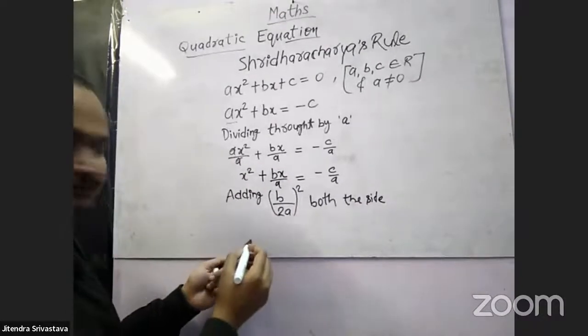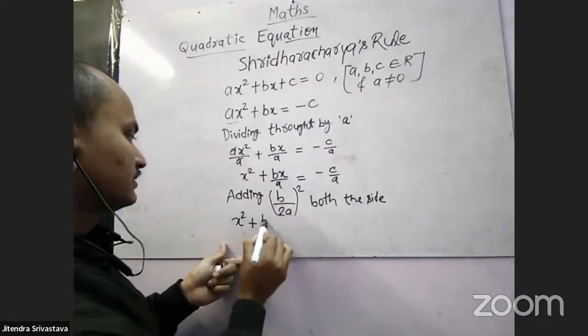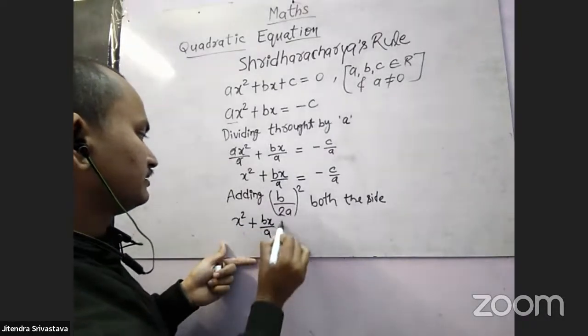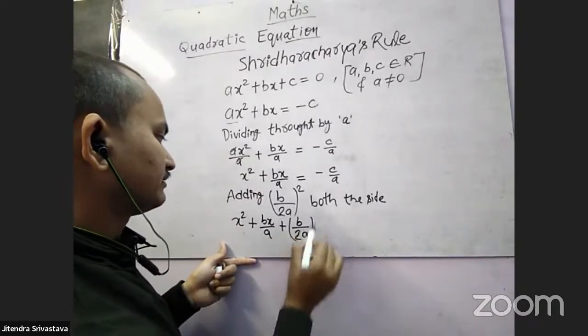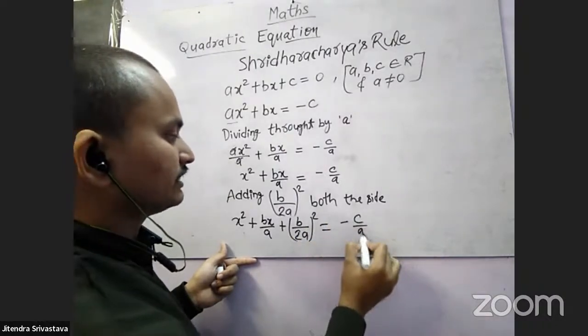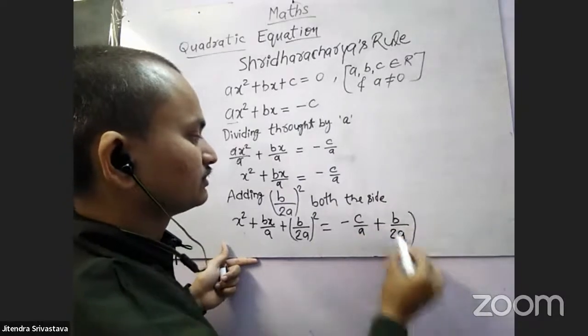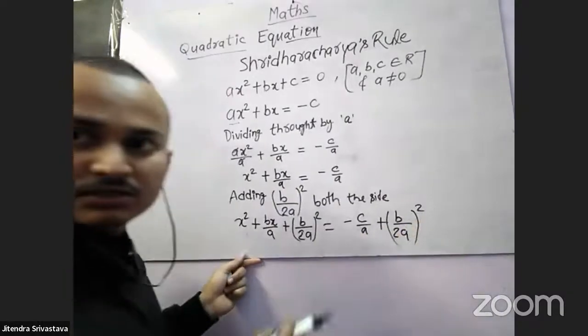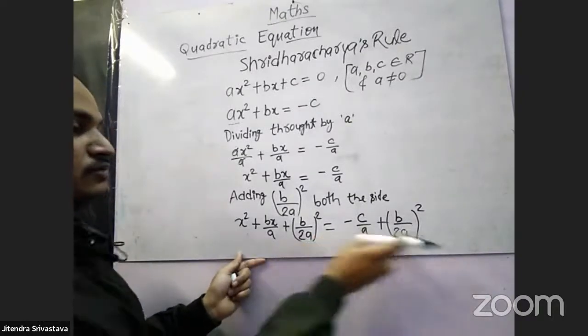We will get x square plus bx upon a plus b upon 2a whole square equals minus c upon a plus b upon 2a whole square. This will be the equation.